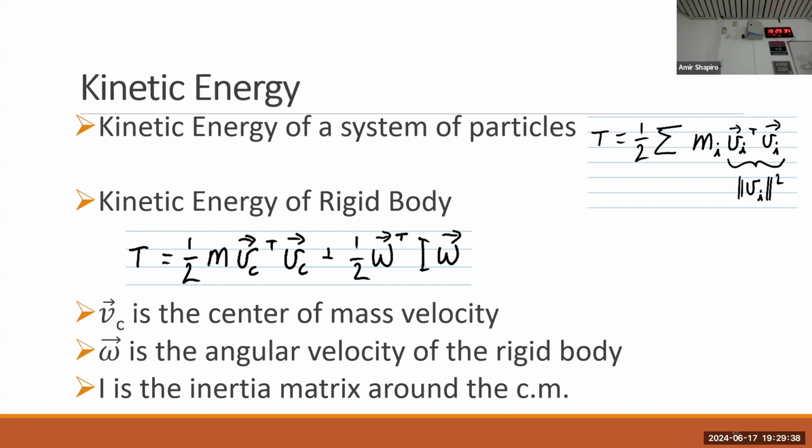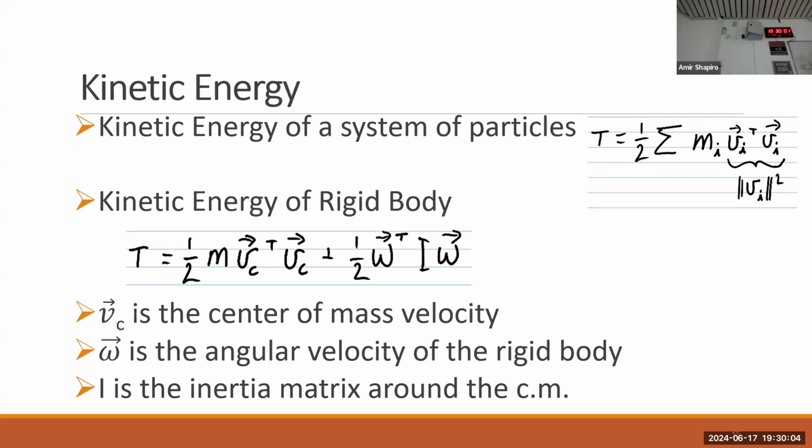But if I have a rigid body that can also turn, not only move, it has a kinetic energy of the movement of the center of mass. Vc is the velocity of the center of mass, and also the rotation velocity. Omega here is the angular velocity.